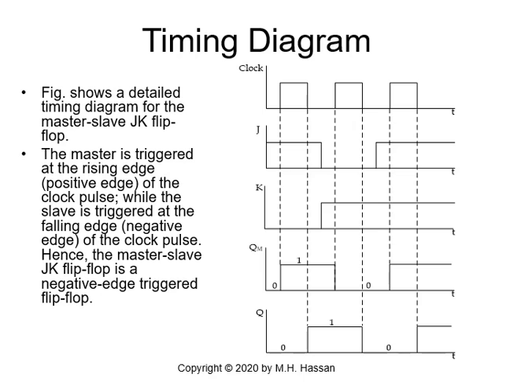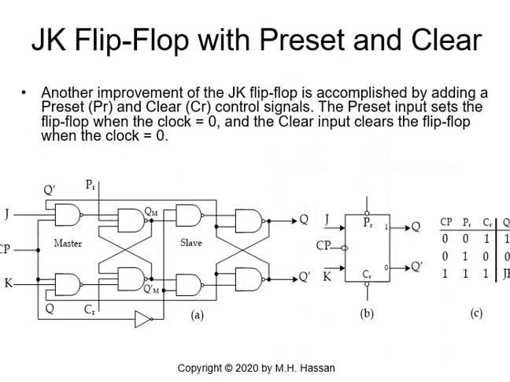So the next circuit will show you an improvement to the JK flip-flop accomplished by adding a preset and a clear, the preset (PR) and clear (CR) control signals. The preset input sets the flip-flop when the clock is 0, and the clear input clears the flip-flop when the clock is 0.